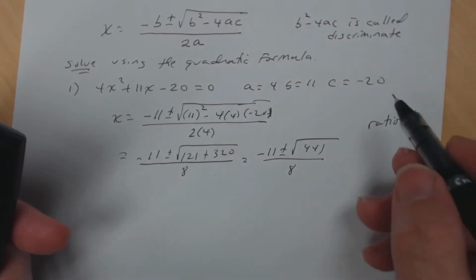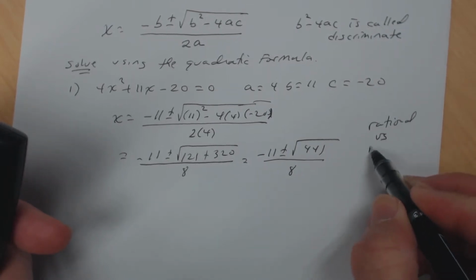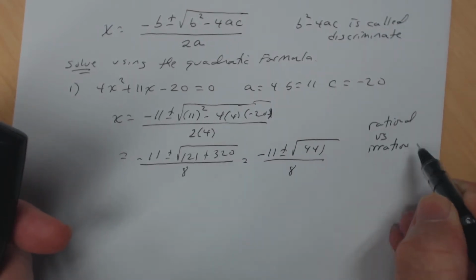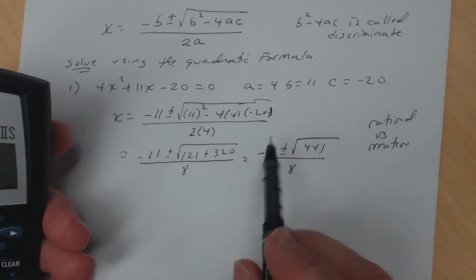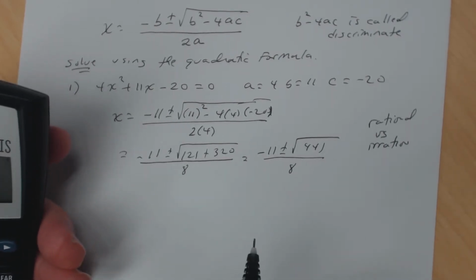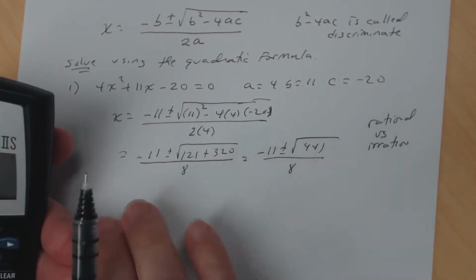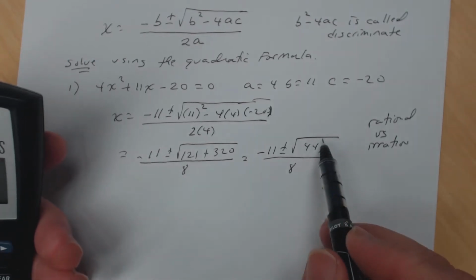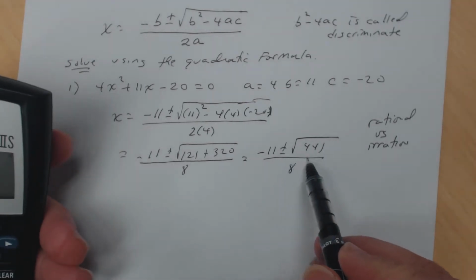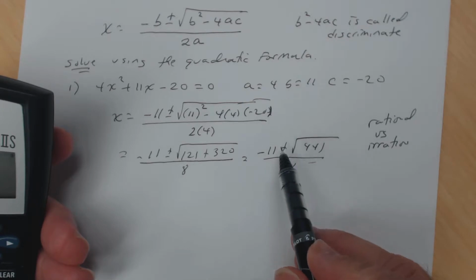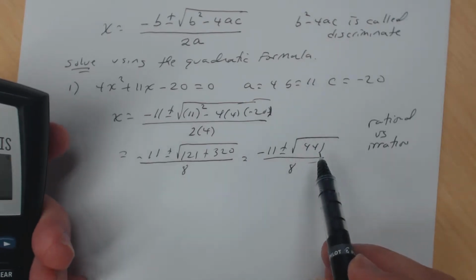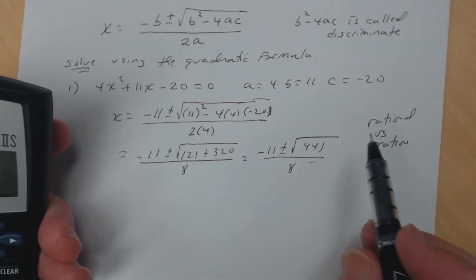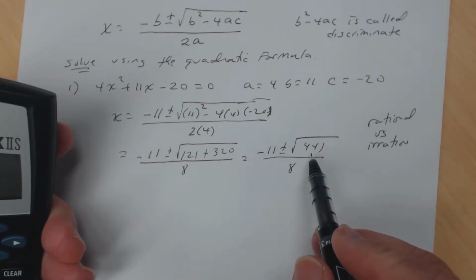If it's irrational, you write it a different way. This is going to be a rational number, as we talked about in the previous lesson, if when I take the square root of 441, I get a whole number. That means 441 is a perfect square.